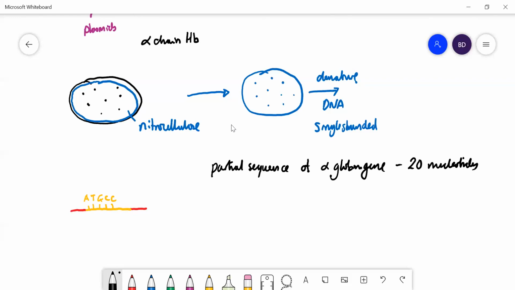One way, and the most obvious, is that a little bit of the protein is sequenced, you find out the sequence of amino acids and work out backwards what the nucleotide sequence would be for a protein with those amino acids. So you make an oligonucleotide, I'll do that in purple, which is complementary to that sequence.